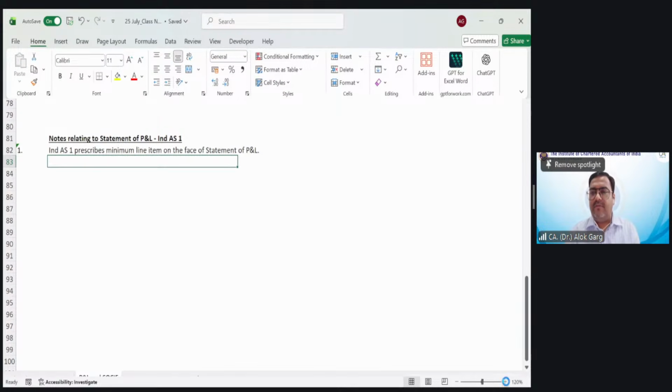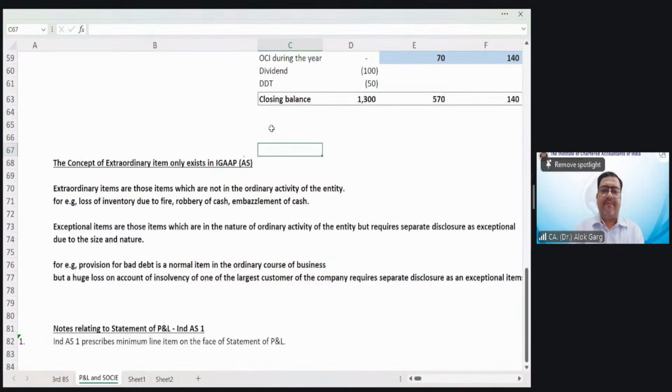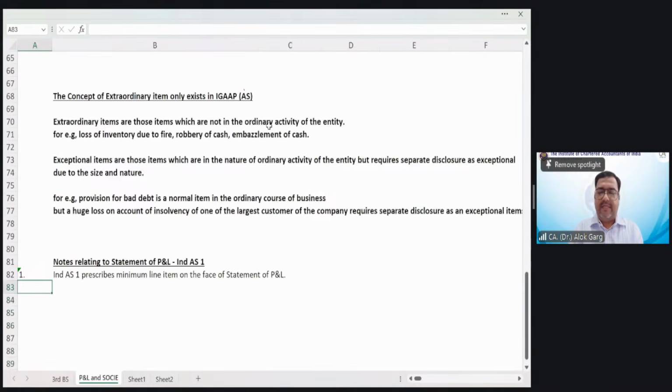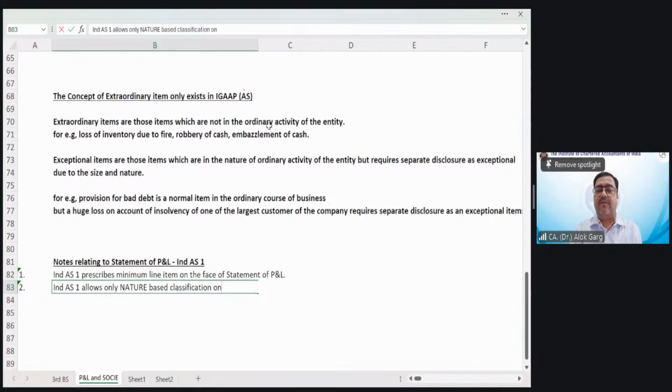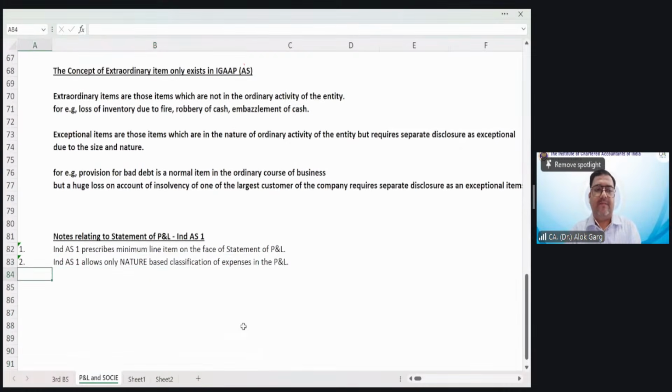Then, my dear friends, second, Ind AS 1 allows only nature-based classification of expenses in the P&L.